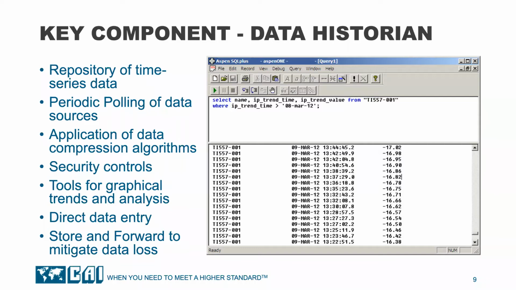Should connectivity be lost to the data historian on level 3, the data collectors will store or buffer the data from the level 2 data sources, and when connectivity to the data historian on level 3 is restored, the data will be forwarded to the data historian and no data loss will have occurred. Some groups fail to take advantage of this feature by installing the data collectors on the same level as the data historian on level 3.